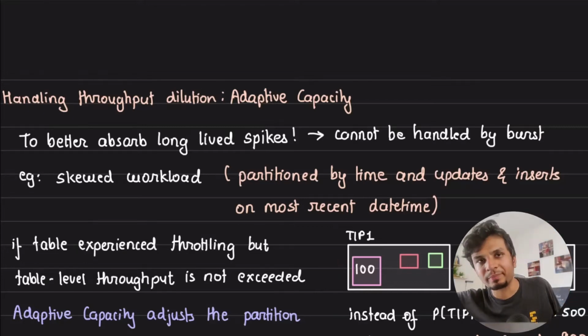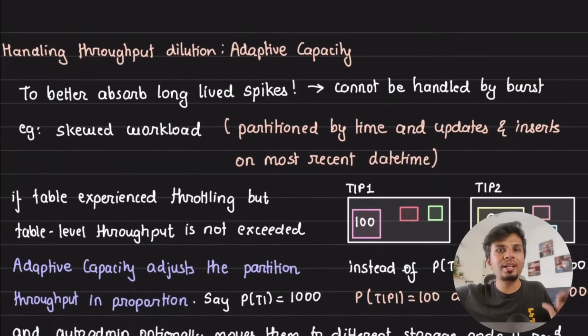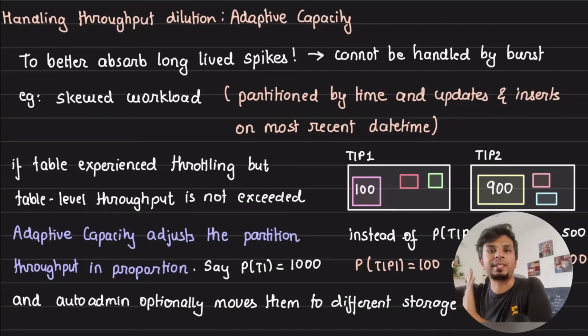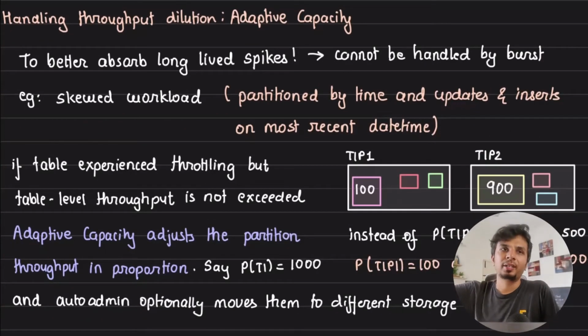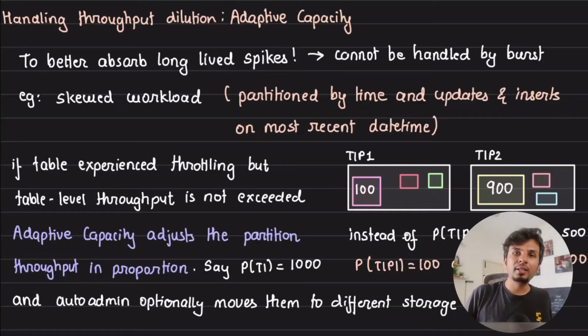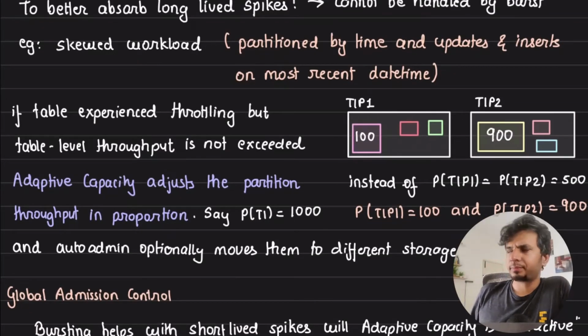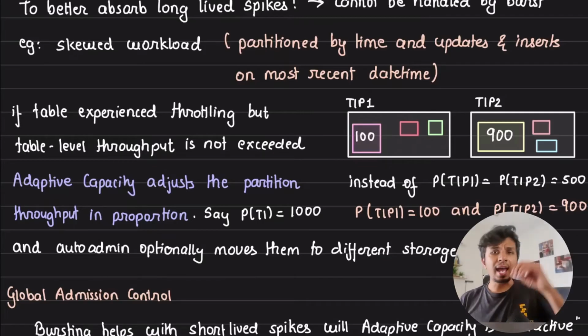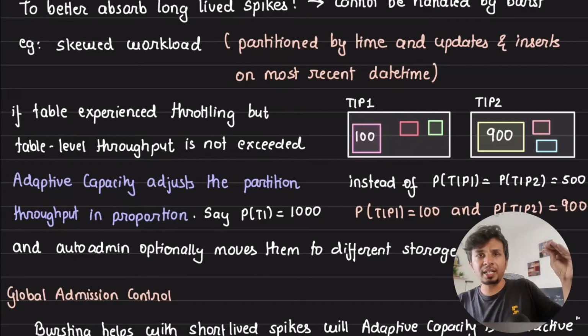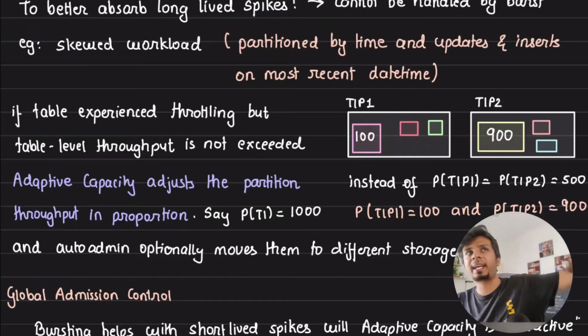How do you handle them? So now let's go into adaptive capacity. If a table is experiencing throttling, but the table-level throughput is not exceeded, the idea is, for example, you as a customer of DynamoDB say, I have this table, and I'm partitioning it by day.